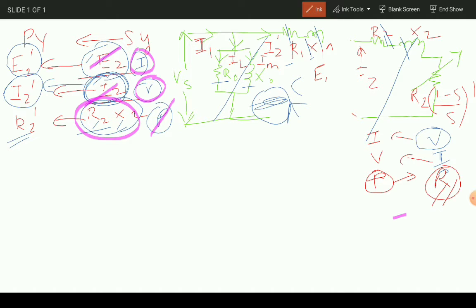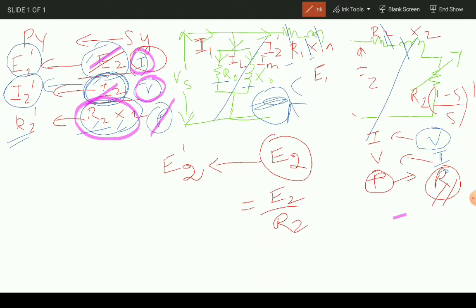Now see here, first I am going to transfer E2, that is voltage. This is the voltage in the secondary. When it is transferred or shifted to primary, it becomes E2 dash. We just concluded that for voltage we have to use the current equation. So let me write the current equation. If this E2 is in the secondary, it can produce a current of E2 by R2. You can use Z2 here also, but E2 by R2 is also fine.